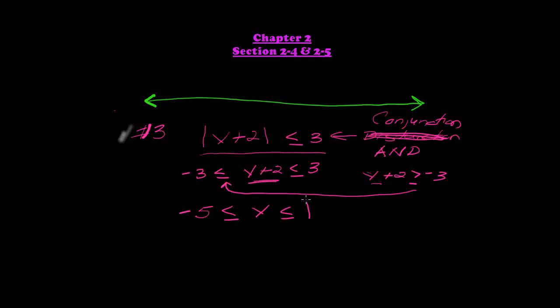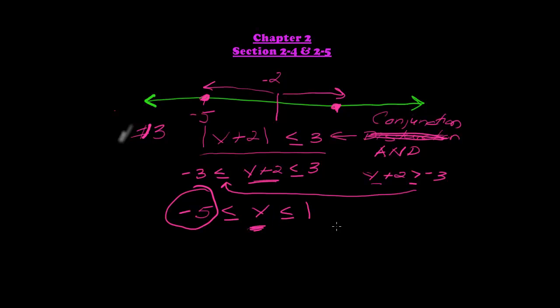Now, graphically, if you look at this on the top of page 77, as the book says, we have negative 2 here, and we go 3 here, 3 here, and if we do that, we'll come out with the same answers, negative 5 over here, and positive 1 over here. So now, what does this say? This says that y has to be greater than or equal to negative 5 and less than or equal to 1.